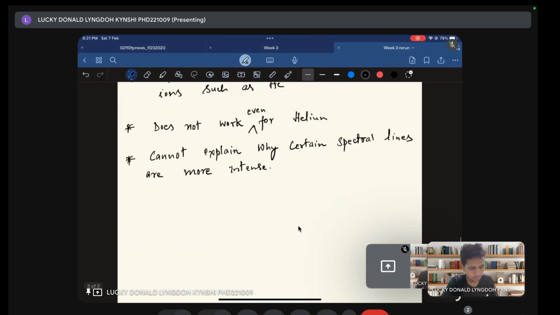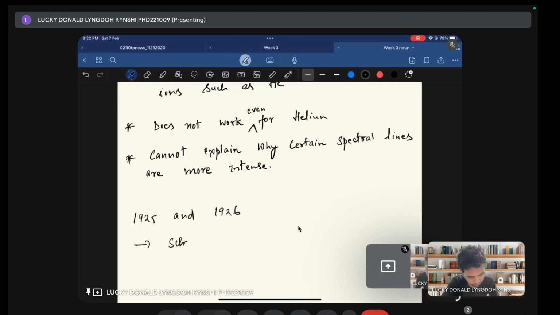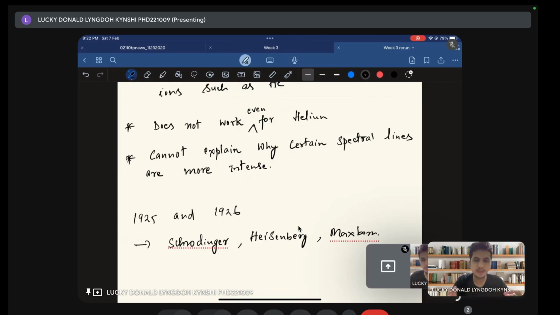Then comes 1925 and 1926, Schrodinger, then Heisenberg, and Max Born. That is how these people start coming, and how quantum mechanics starts emerging more and more.